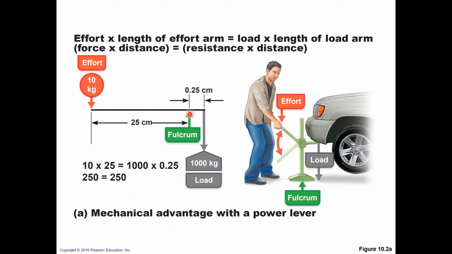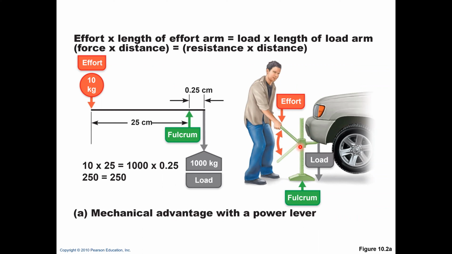When the effort arm is longer than the load arm, then this type of lever gives you mechanical advantage, and it's designed for power, right? This is how you can lift your car, right? If you just try to lift your car without a lever, that would be very difficult or even impossible.